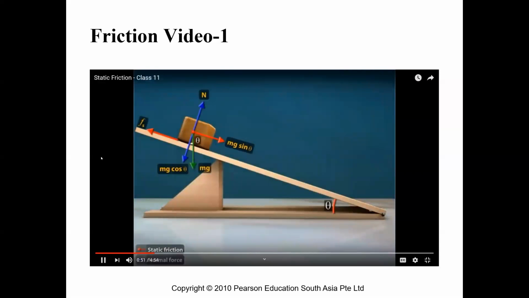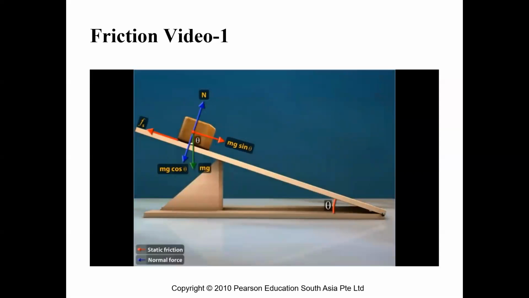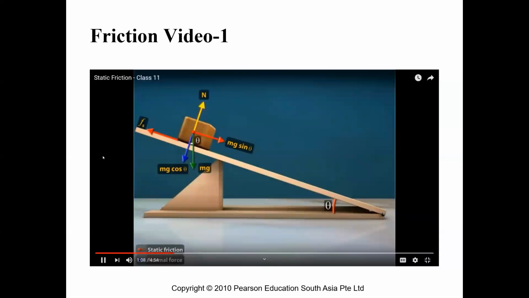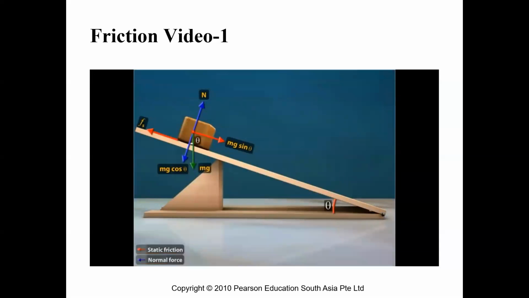Mg is resolved into two rectangular components, mg sine theta parallel to the plane and mg cos theta perpendicular to the inclined plane. The component mg cos theta balances the normal reaction N, and the mg sine theta balances the frictional force. The force of static friction is F, and F is equal to mg sine theta.